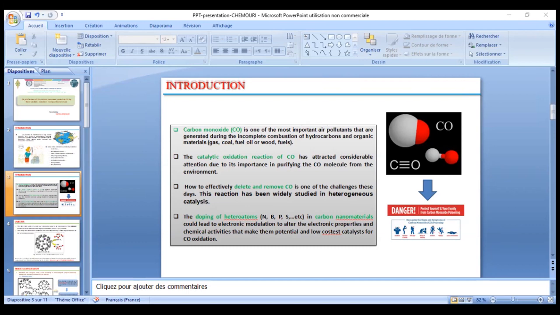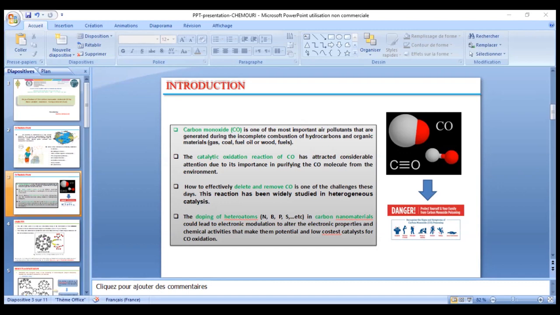The catalytic oxidation reaction of CO has attracted considerable attention due to its importance in purifying the CO molecule from the environment. How to effectively remove CO is one of the challenges these days. This reaction has been widely studied in heterogeneous catalysis.